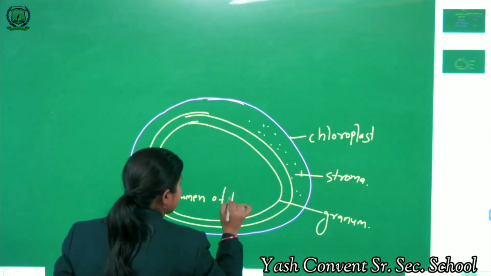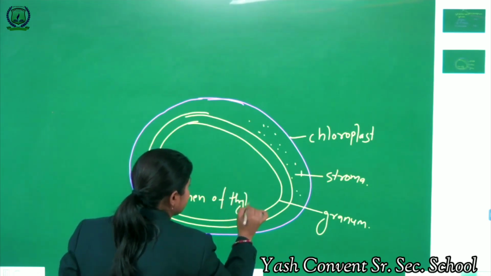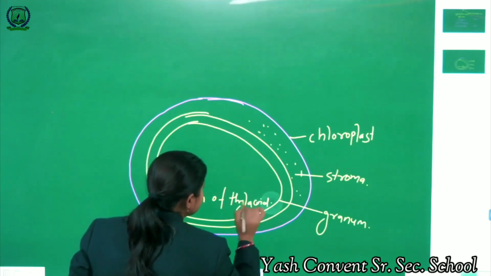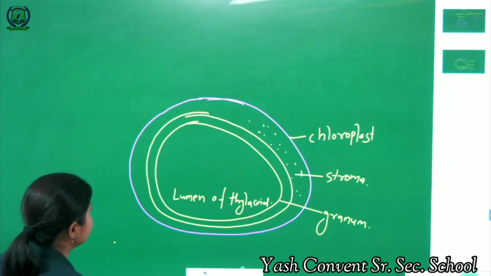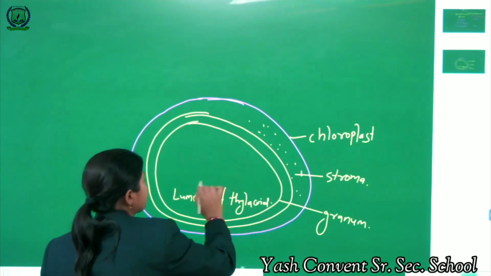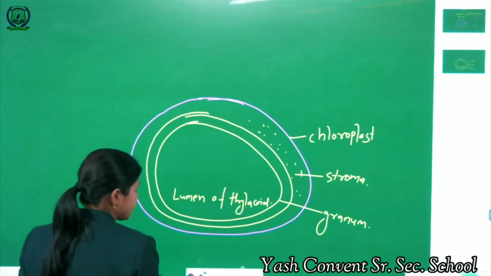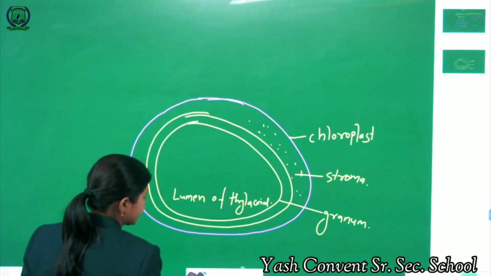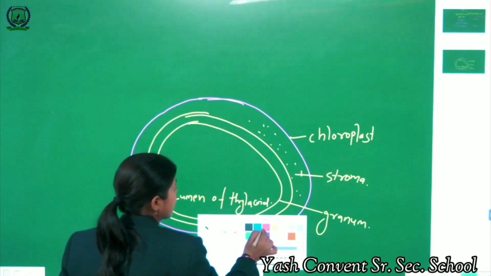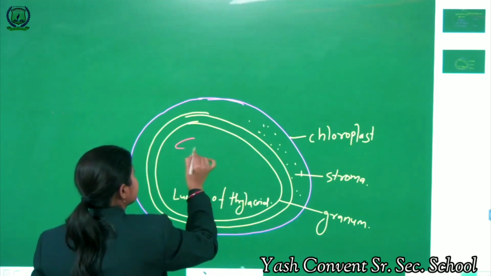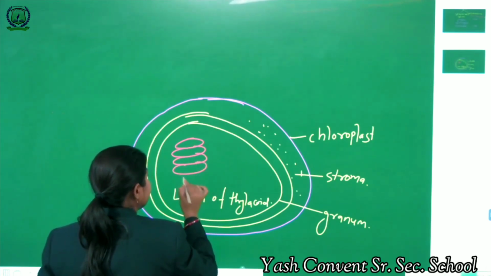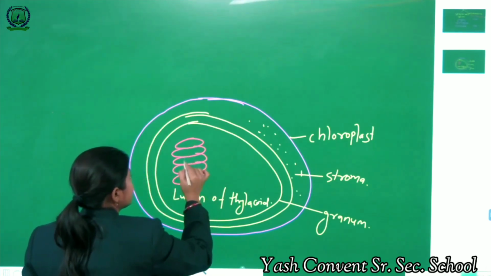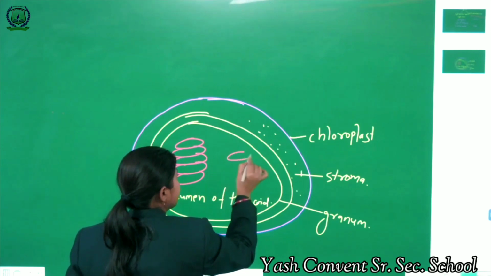You already know that 5 units of thylakoid make a granum.